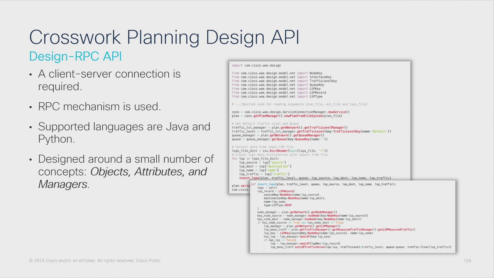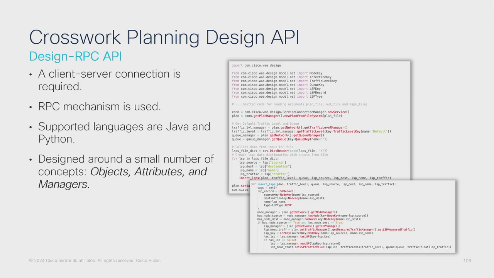So after this point, we can start accessing the different objects by calling the respective managers. For example, if I want to access the traffic level object, I will need to call the traffic level manager. Or if I want to access the QA object, I will need to call the QA manager, and so on. Then in the snippet below, we have a function that will insert the LSPs into the model.